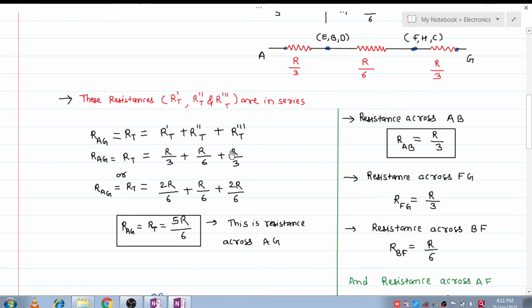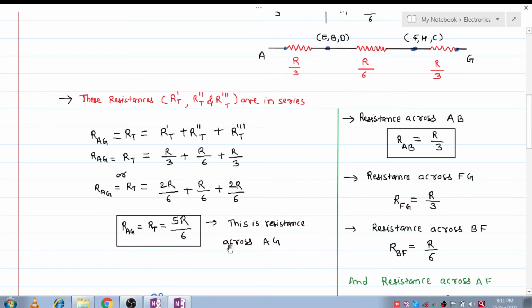Similarly here we have multiplied and divided the denominator and numerator by 2, so that is 2R divided by 6. Now we add: 2R plus 2R is 4R, plus R, that is 5R divided by 6. So the total resistance RAZ is equal to 5R divided by 6.